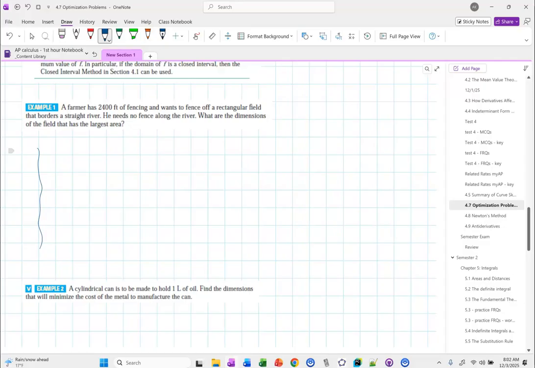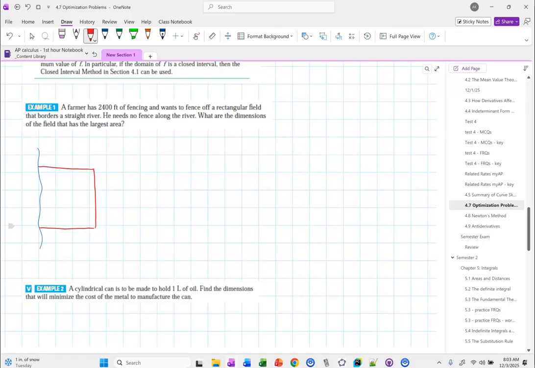So here's a sketch. The blue is the river, hopefully that was obvious, and the red is the fencing.